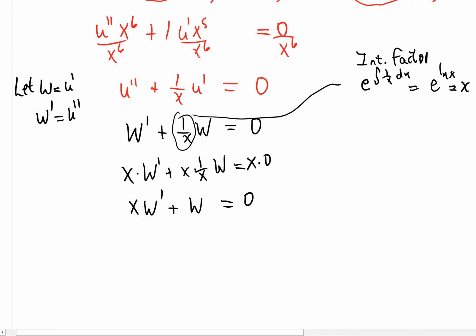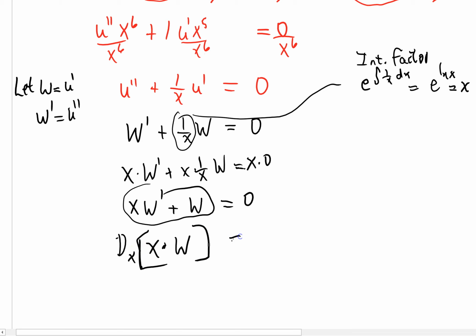Now, the whole purpose of having the integrating factor is so that on the left side, you can see this as a product rule. Hopefully, as you're looking at that, you can now see this really as x times w, and we're taking the derivative of that.